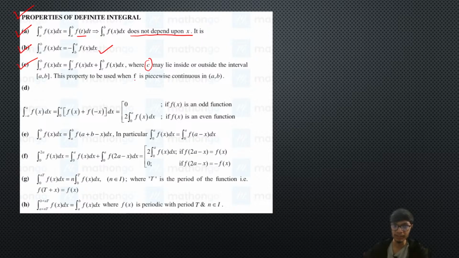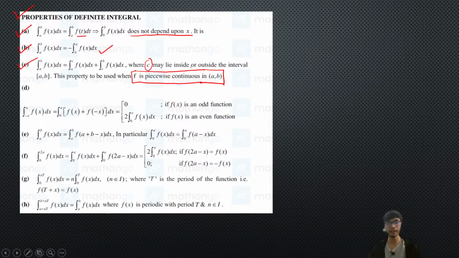It is useful when f of x is piecewise continuous in the interval a to b, that is, continuous from a to c and continuous from c to b. That's when we use this particular property.